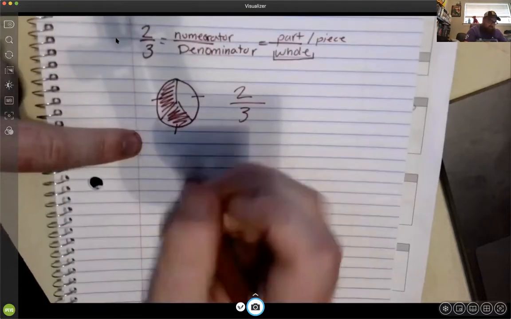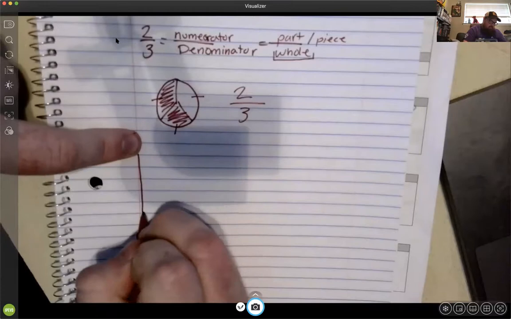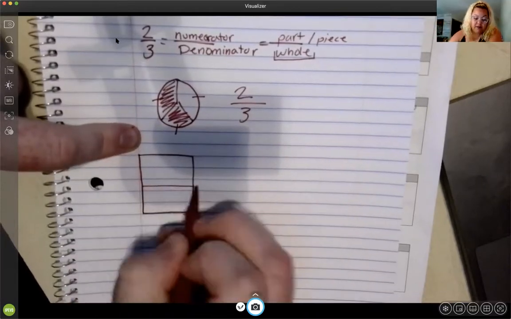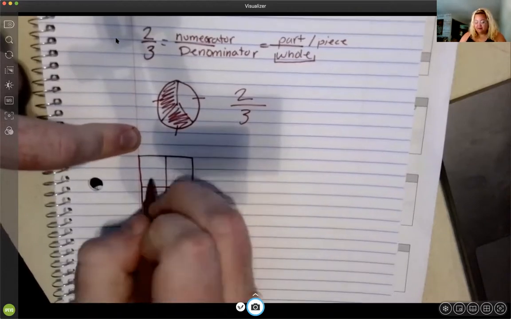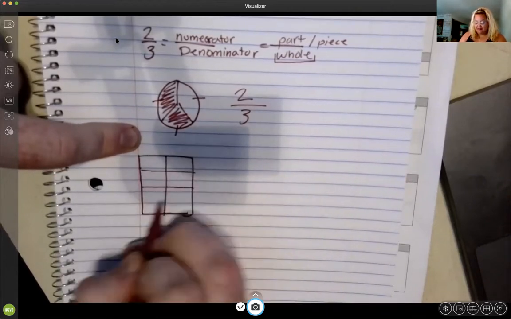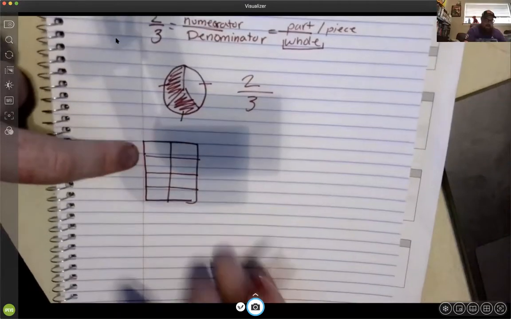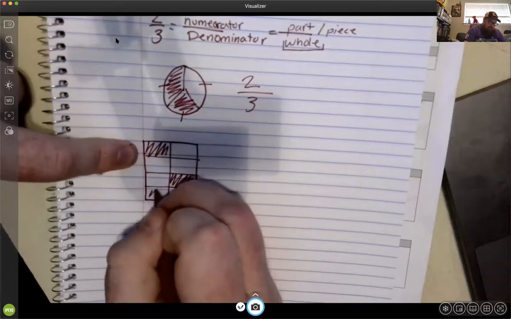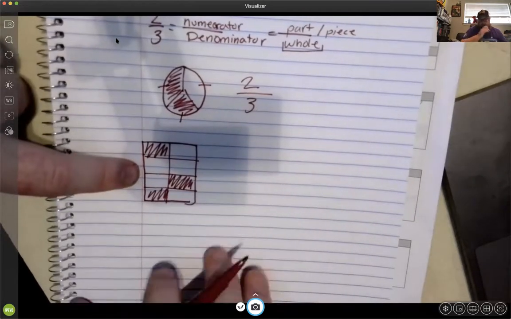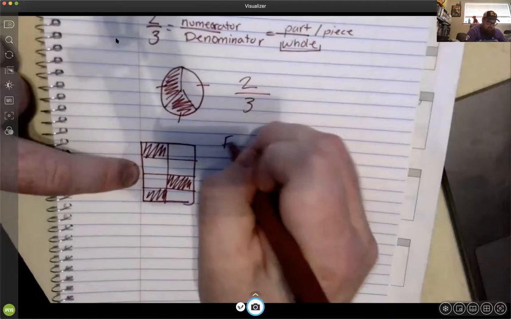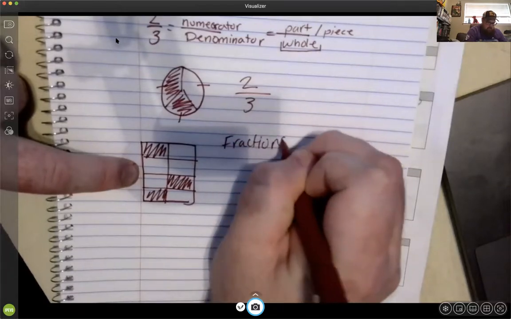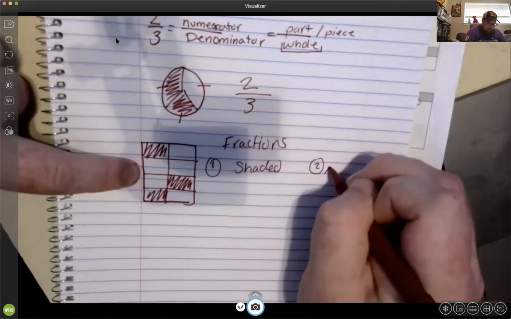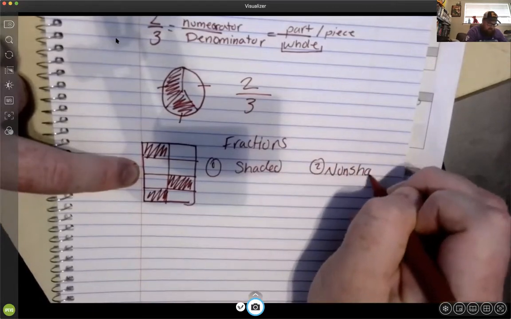Another example we looked at today was a picture like this. And then I shaded in, let's say, this picture, and this picture. Let's say I shaded in this one. Well, we talked about what would be the fractions for the shaded portion and the non-shaded portion.